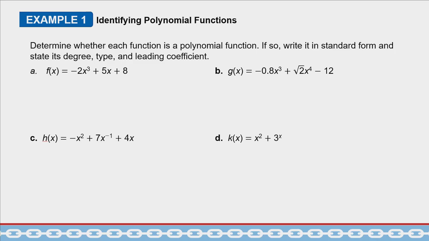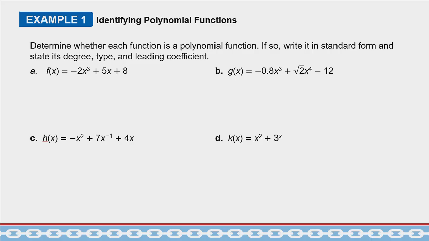So in our first example here, we're asked to determine if it is a polynomial function. For it to be a polynomial function, we have to have positive exponents. If it is polynomial, then we're going to be asked to write it in standard form, tell its degree, its type, and what its leading coefficient is.